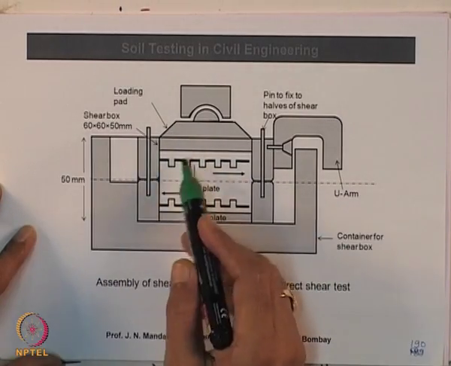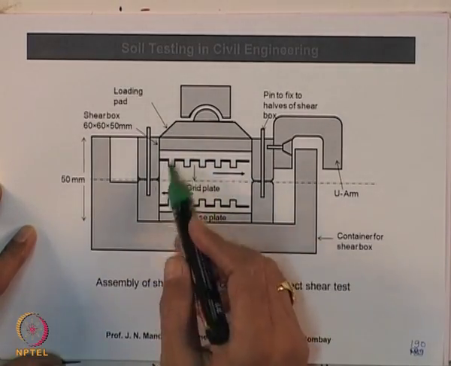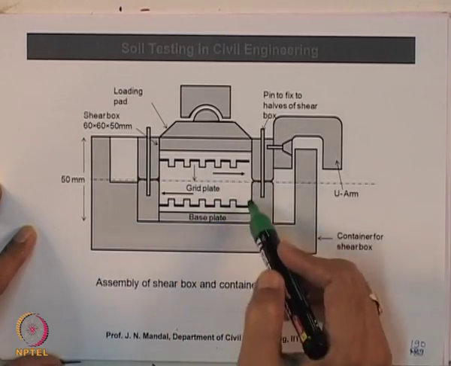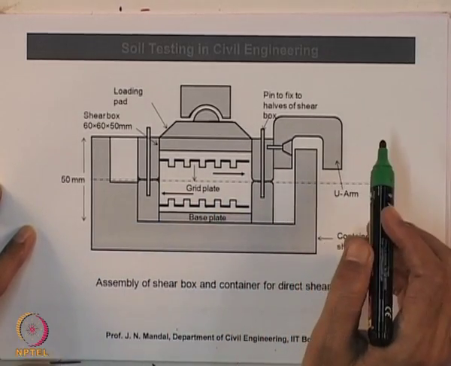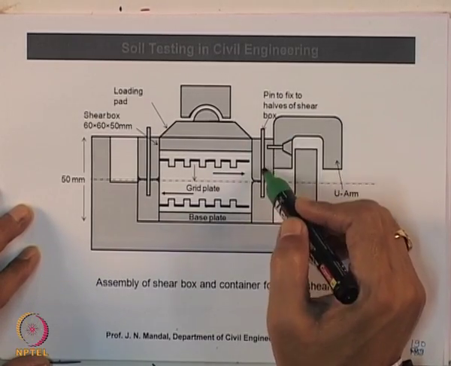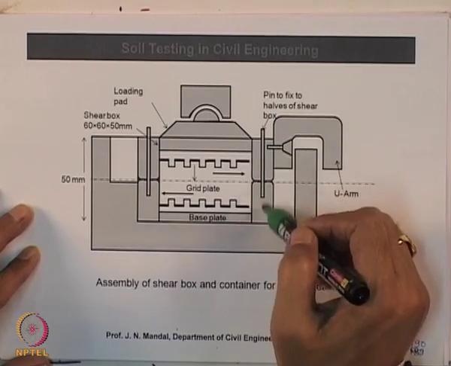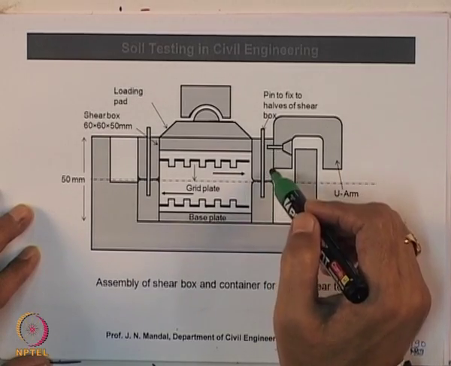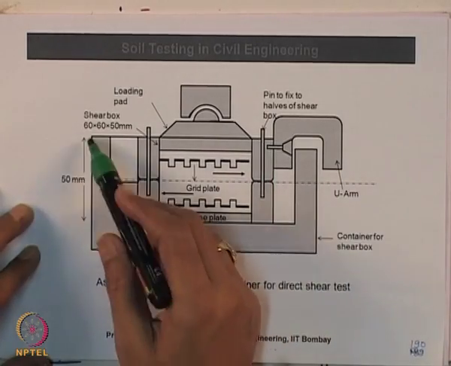This is the shear box, whose size is about 60 by 60 by 50 millimeter, and here is a pin to fix the half of the shear box.